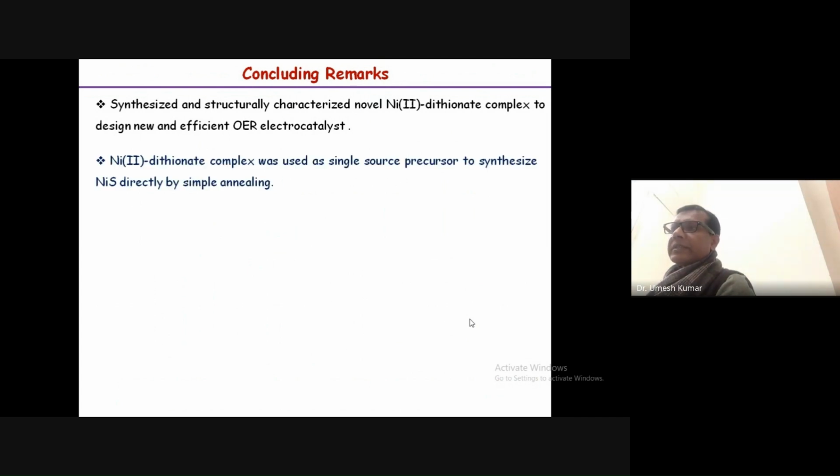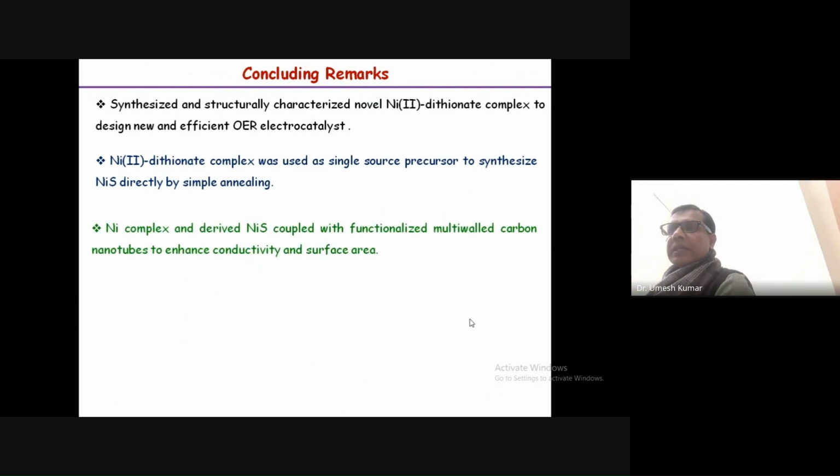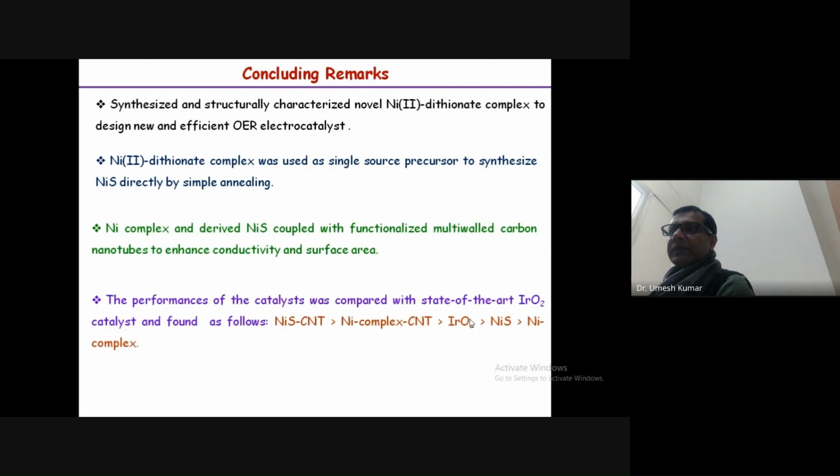This nickel complex was used as a single source precursor to synthesize nickel sulfide directly by a simple annealing method. The nickel complex and derived nickel sulfide were coupled with functionalized carbon nanotubes to enhance electrical conductivity and surface area. In the performance comparison with the state-of-the-art iridium oxide, nickel sulfide CNT is the best performer among all. After that comes nickel complex CNT, then iridium oxide, then nickel sulfide, then the simple nickel complex.